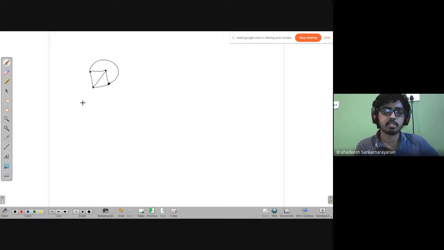Suppose I give this a certain color. Let's color this red. Then it's adjacent to all 3, so a distinct color has to be given to each of the other 3. Let's say we give this blue, but this vertex is also adjacent to all 3, so a third color must also be distinct. But this guy is also adjacent to all 3, so a fourth color must be given over here.